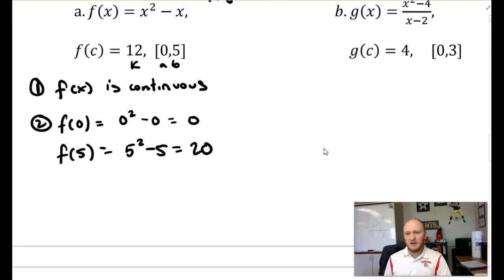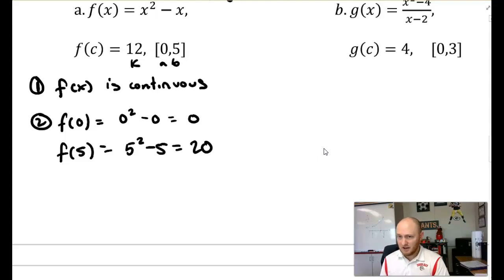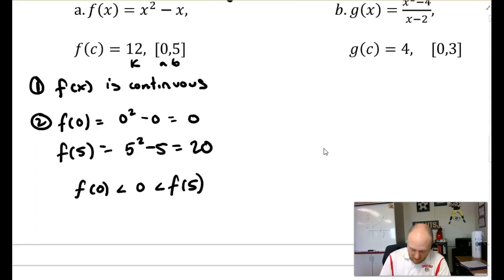So does my k value live between f of a and f of b? Well, the answer is yes, it does. f of 0 is less than 12, which is less than f of 5. And if you want to substitute these values in, 0, 12, that's our k value, and 20, you can go ahead and do that.